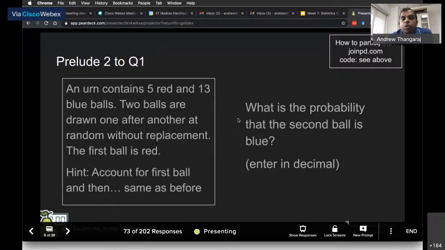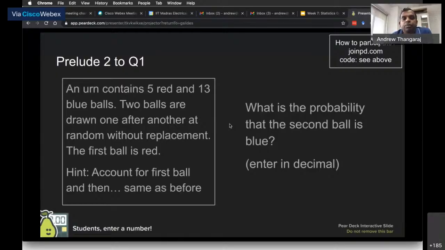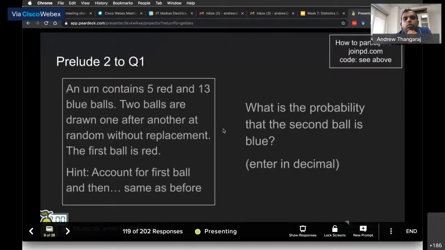Okay, so put in your responses. And I'll give a couple of minutes more, and then I'll discuss. Okay, I see close to 75% of people have answered.